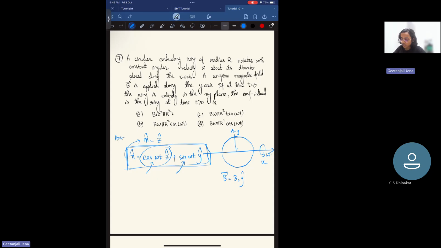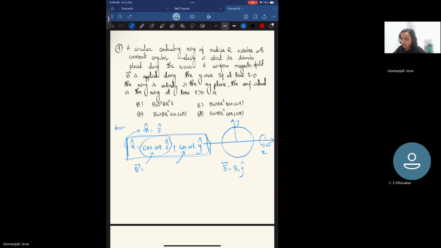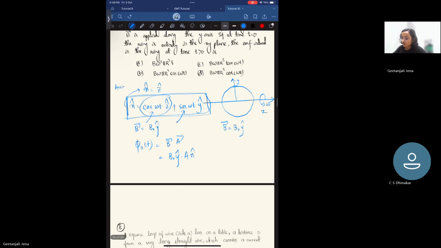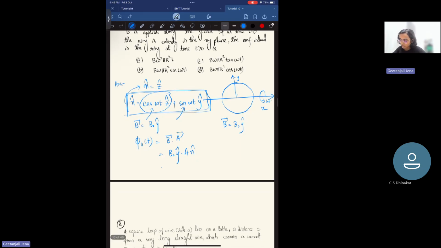Now, B is B0 ŷ. So the flux associated with this is B·A, where B is B0 ŷ and A is A n cap. The dot product will pick out the ŷ component, so it will give B A sin ωt, not cos.